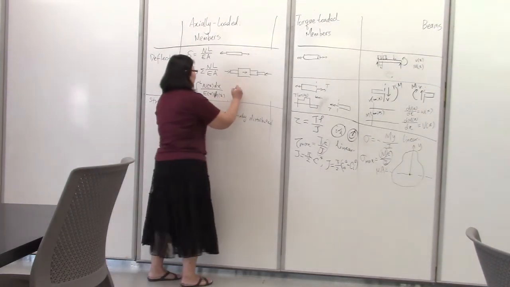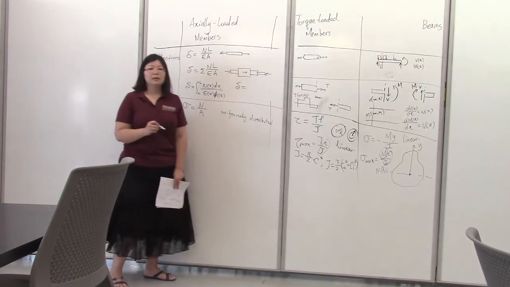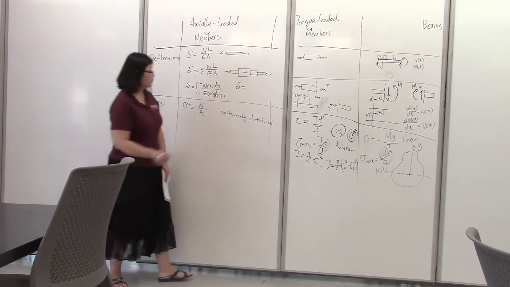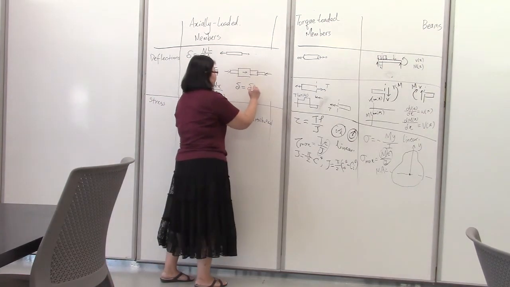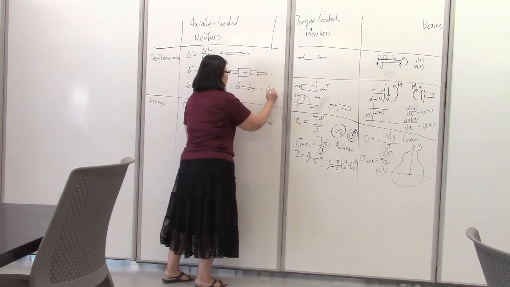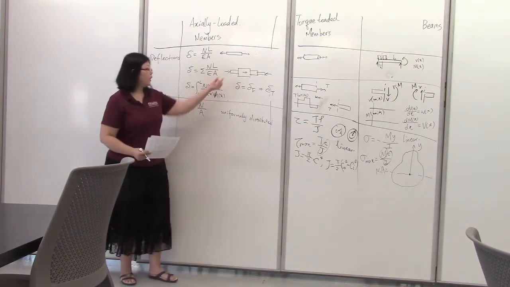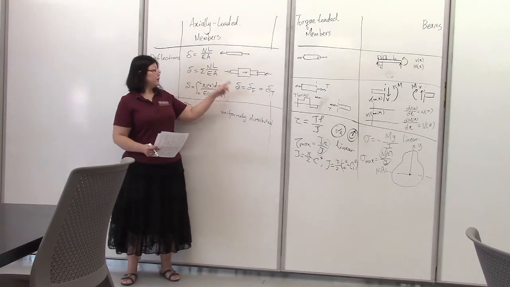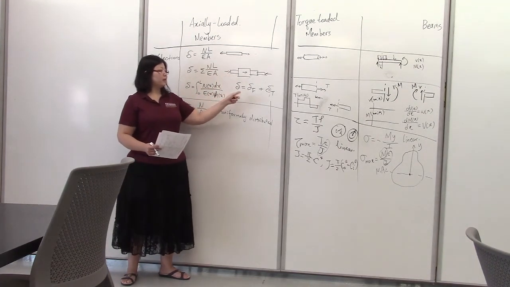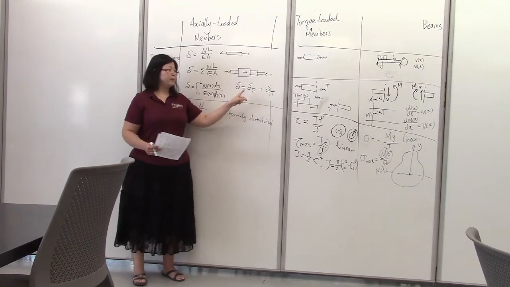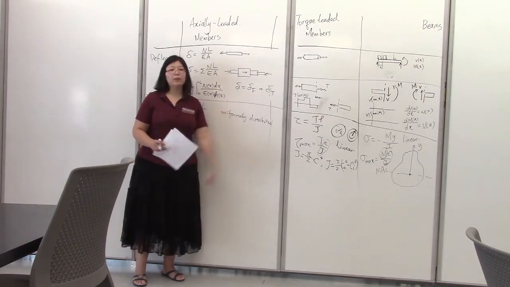Now I want to point out that sometimes there could be a temperature change as well, and when that is the case, for each segment of the member, the delta deflection is the algebraic sum of a mechanical deformation and a thermal expansion.